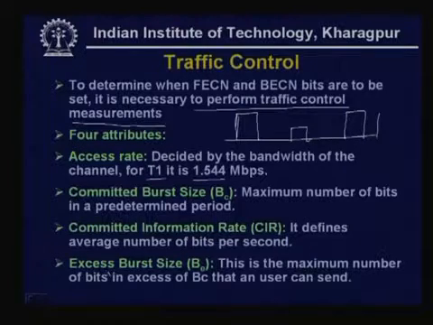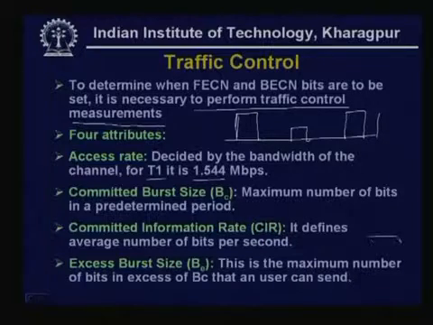Then another parameter is excess burst size. This is the maximum number of bits in excess of the BC. Already committed burst size is there. The network allows, in addition to BC, some more before it decides to send FECN or BECN.